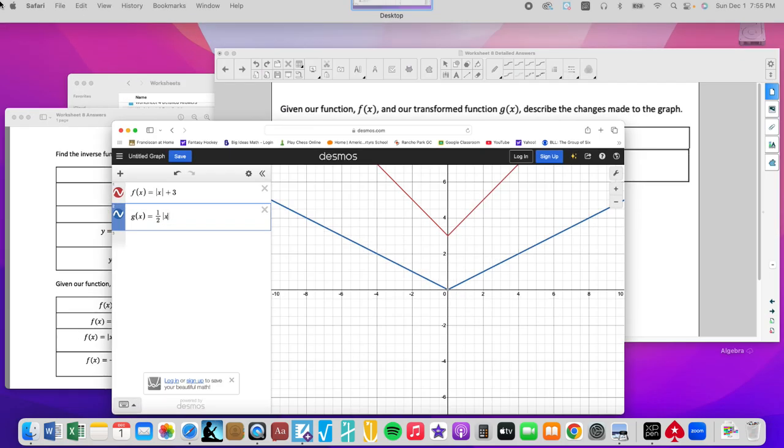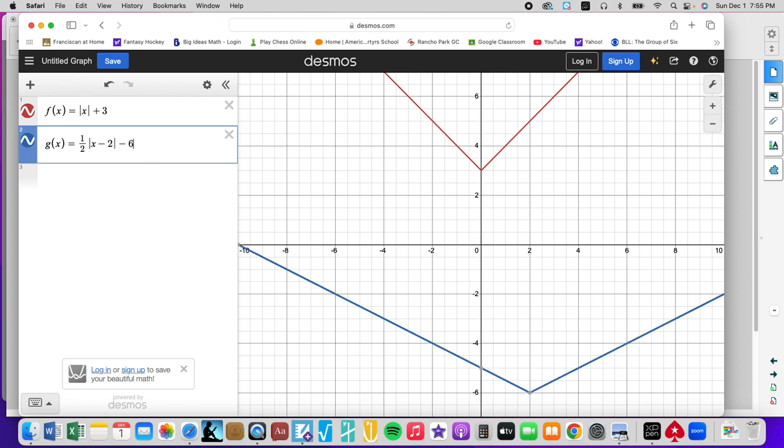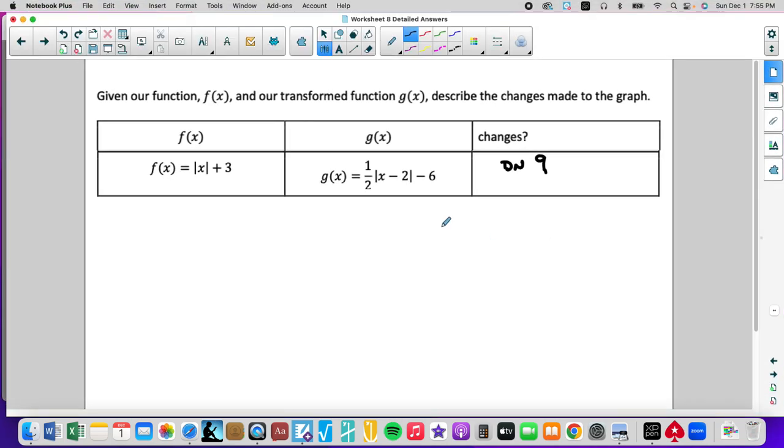This one is inside. So you know that that's going to move it left and right. So we see that it went down 9 because this is the outside still. This still deals with my up and down. And since this was already up 3, and then it went down 6, so we went down total of 9.